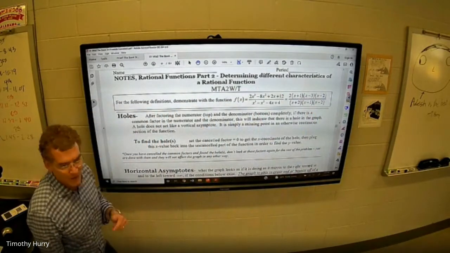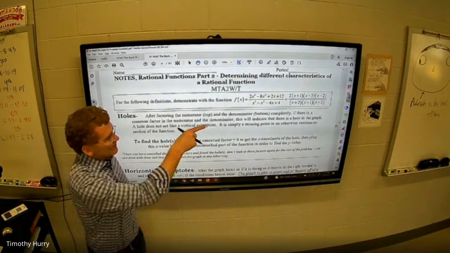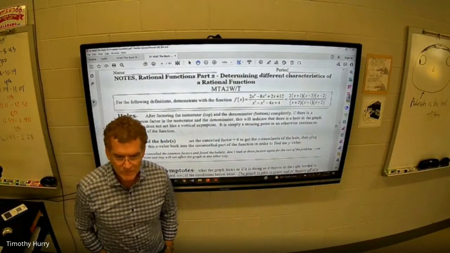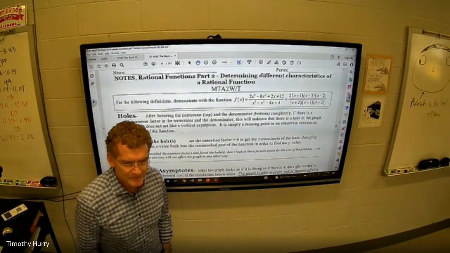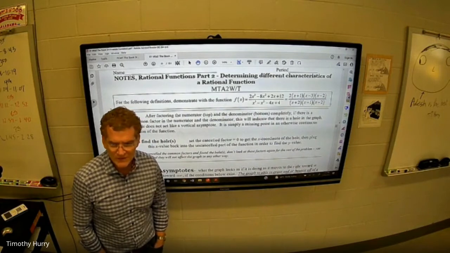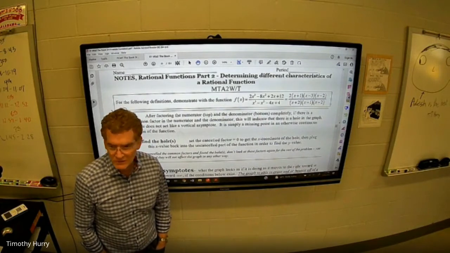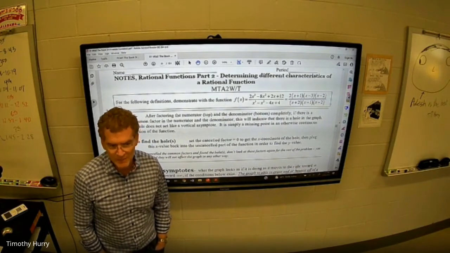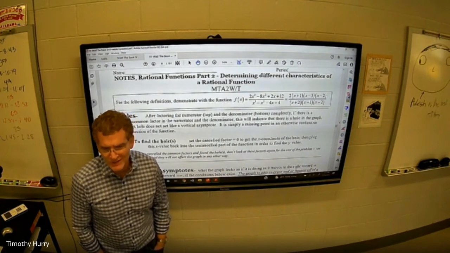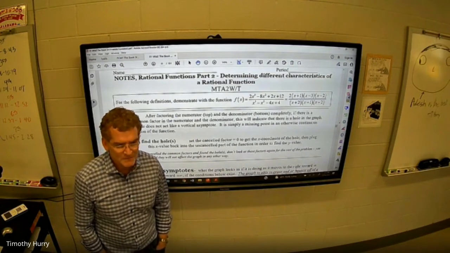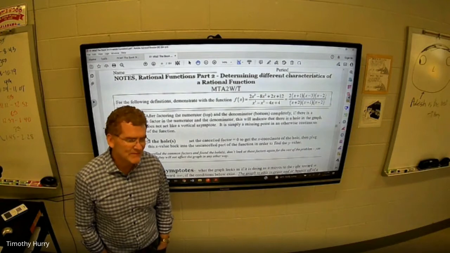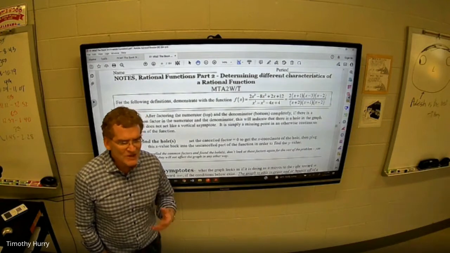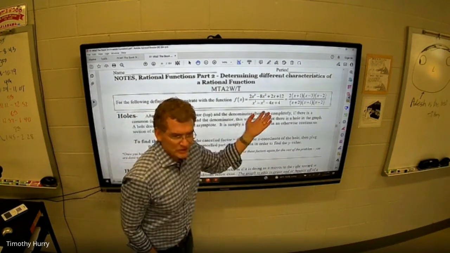All right. Now, what else do you notice about that factored expression that maybe jumps out at you a little bit? Anything? You've got an x minus 2 on the top and the bottom. What do you generally do on a fraction when you see the same factor on the top and the bottom? You cancel it out. Now, if I cancel it out, that doesn't mean that it's not still in the function.